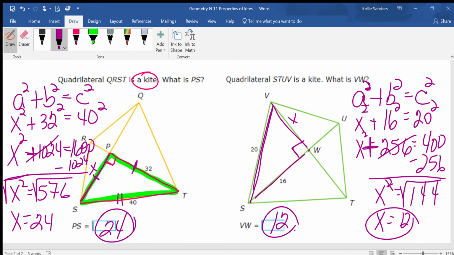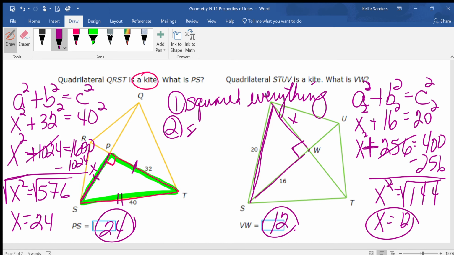I did the same steps on both of these. I squared everything. I subtracted leg from hypotenuse.